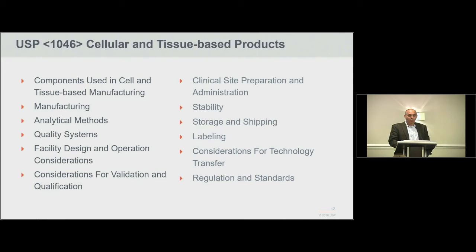But also, I think one area where USP can contribute a lot is the consideration for validation and qualification. And I think validation and qualification covers both materials but also methods.